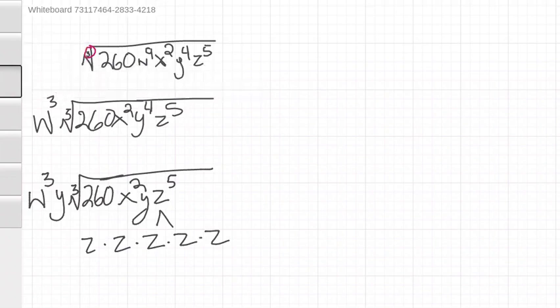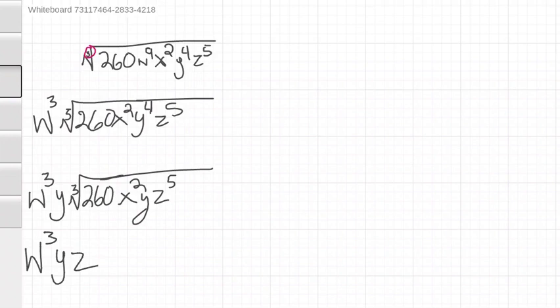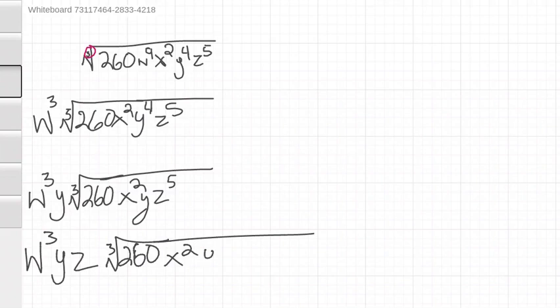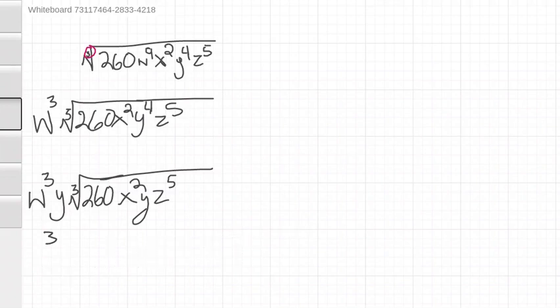We have one trio in there as well, and we'll circle it and bring it to the outside. So now we have w cubed y z times the cube root of 260x squared y z squared.